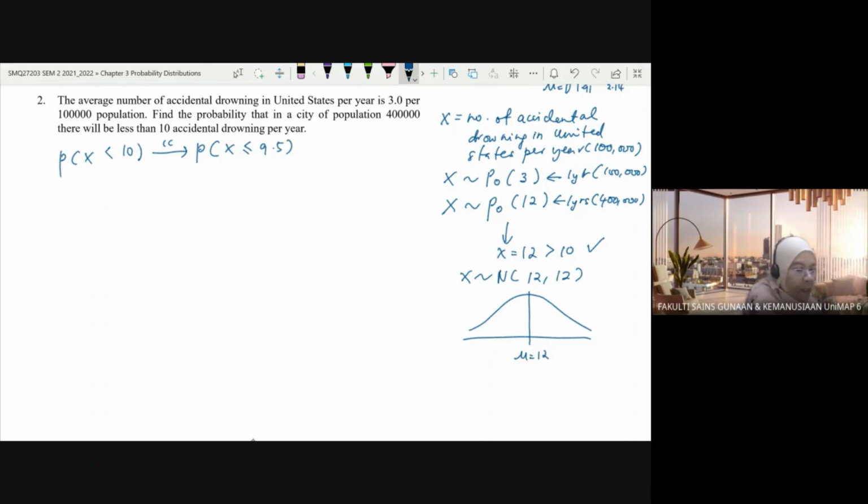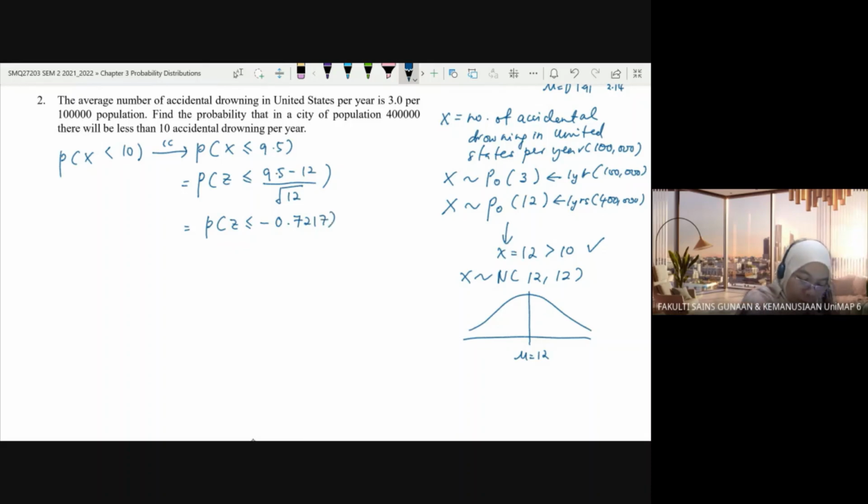First step. Second, transform into standard normal. So P(Z less than or equal to (9.5 minus 12) divided by square root of 12). That would be for the standard deviation for the new distribution. So find for z, P(Z less than or equal to what? You will get, in this case, negative 0.7217.